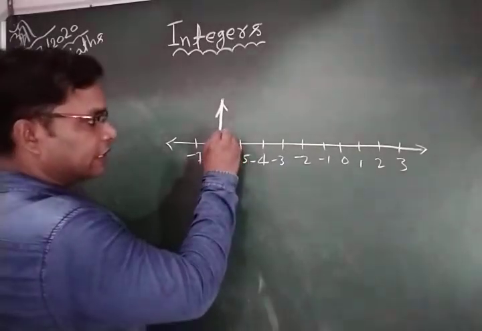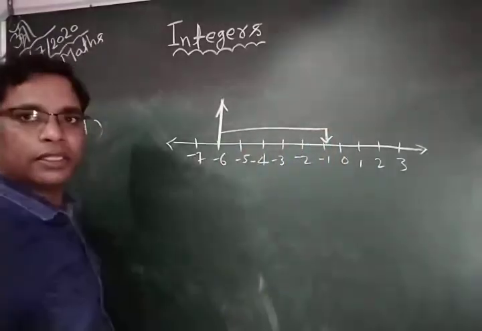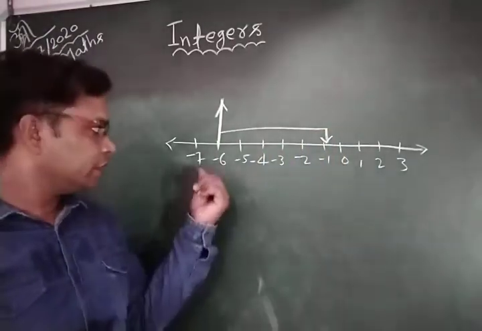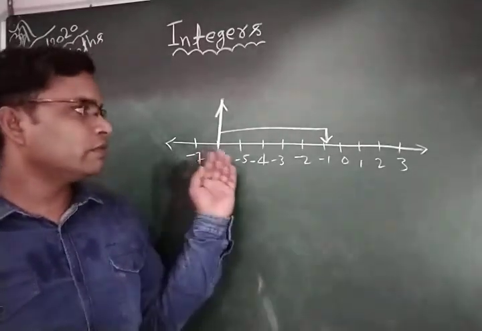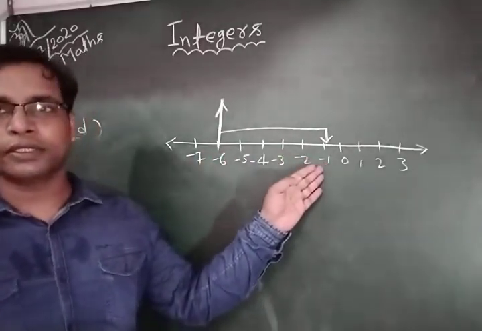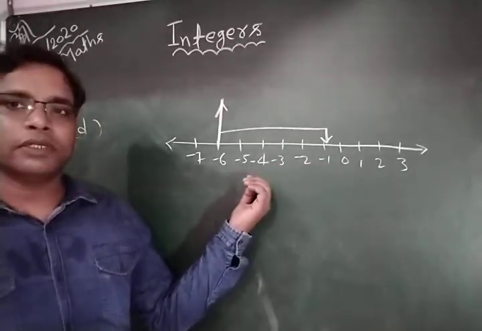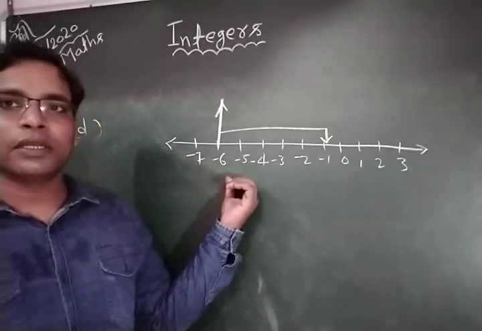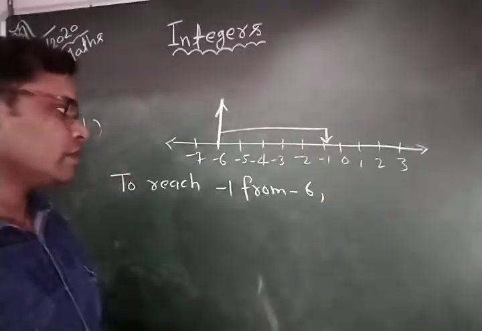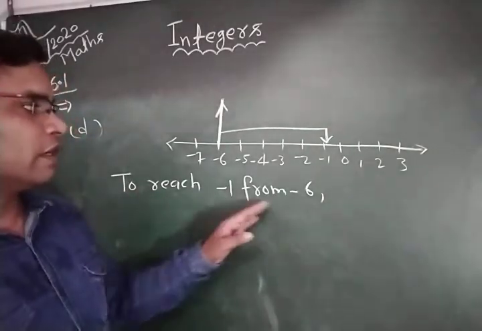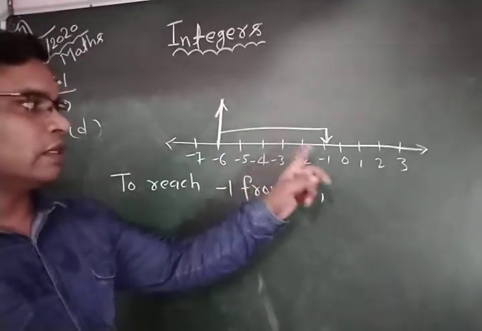So we reach -1 here. You can see in which direction we move. This is the left direction, this is the right direction. So we move in the right direction. You can write here: to reach -1 from -6 we need to move in the right direction. Here is our original position, and we reach -1.